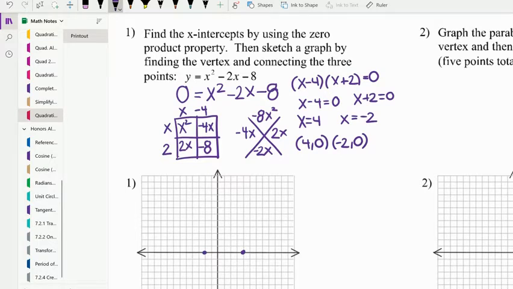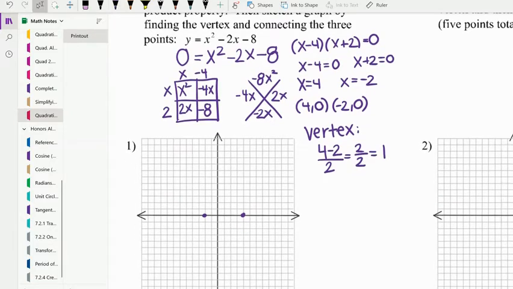Now it also wants us to find the vertex. Now we remember that the vertex is halfway in between the x-intercepts. So what we're going to do is add the x-intercepts and divide by 2. So we get 2 divided by 2, which is 1. And then from there, we plug in that x value into the equation and solve for y.